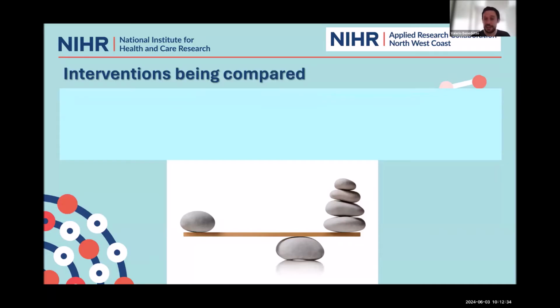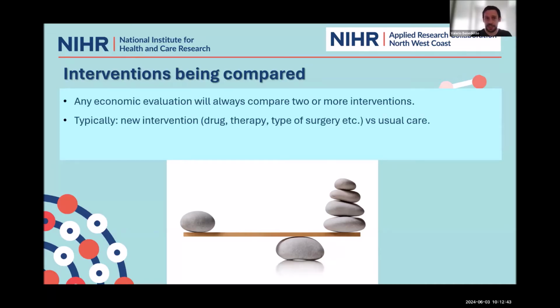Okay, as you know, in an economic evaluation, we typically compare 2 or more interventions. So you will have a new intervention, which might be a new drug, a new medication, new therapy, for example, a new type of surgery, or a new treatment more generically. And that is compared with usual care.